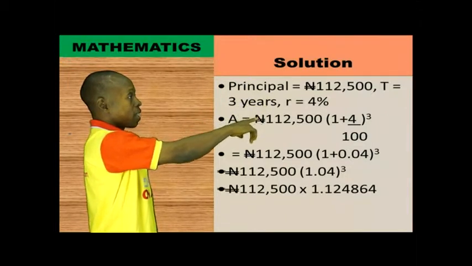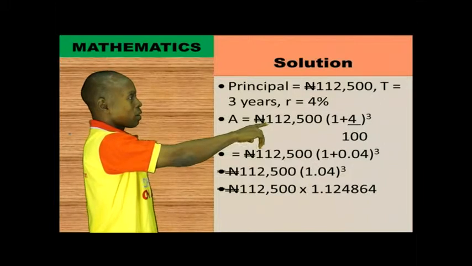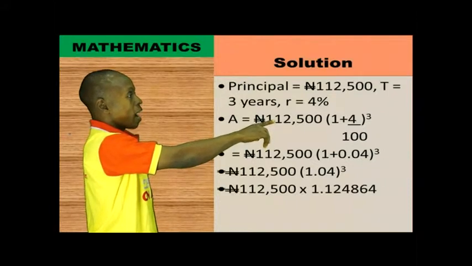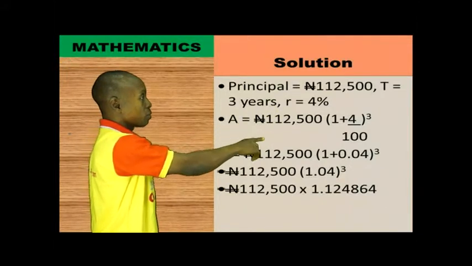The rate is 4%. So amount will be equal to 112,500 naira, into 1 plus 4 over 100, because the rate is 4%, raised to power 3.